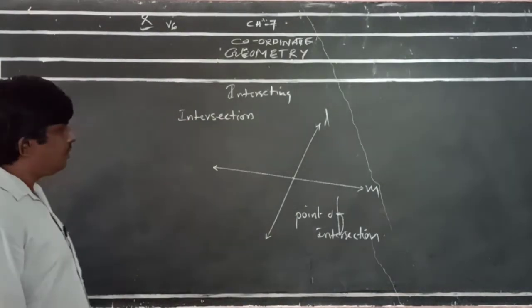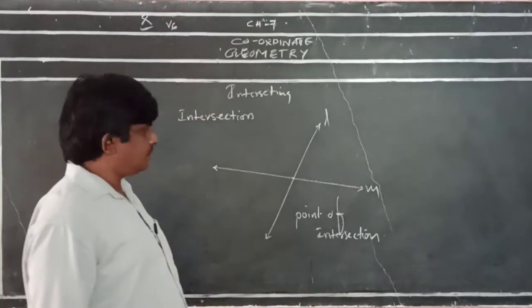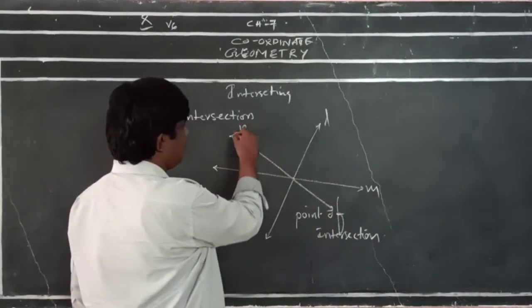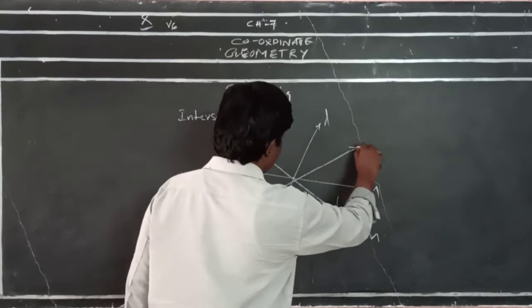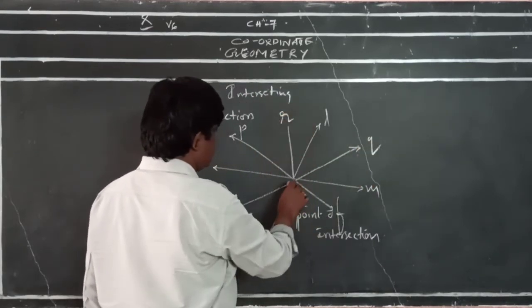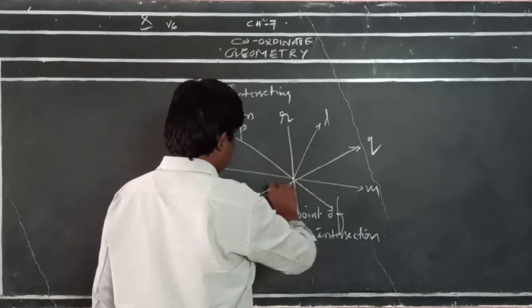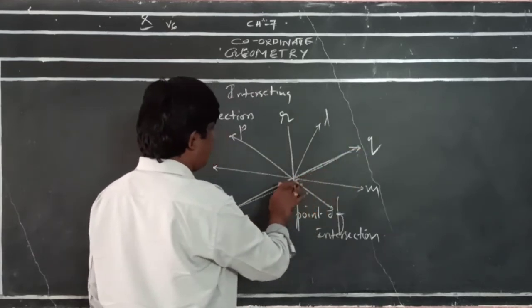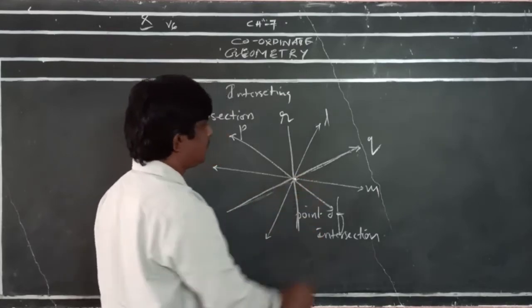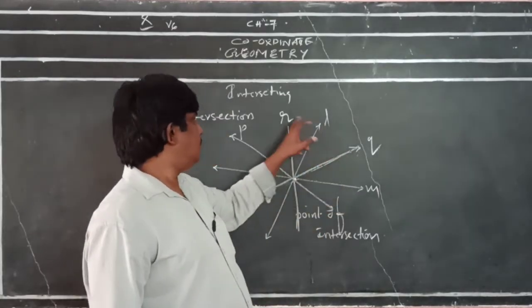For example, take more than two lines. Suppose there is another line P, another line Q, and another line R. Here all these lines have a common point. Here 1, 2, 3, 4, 5.